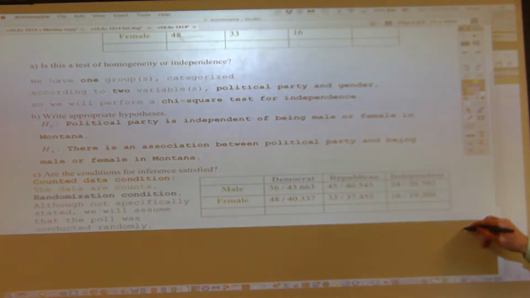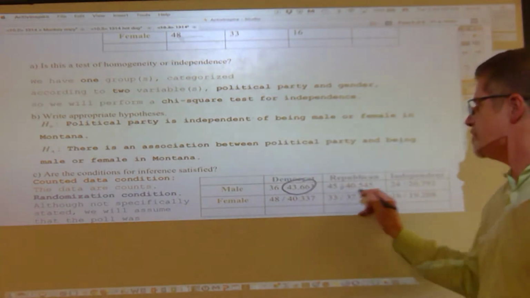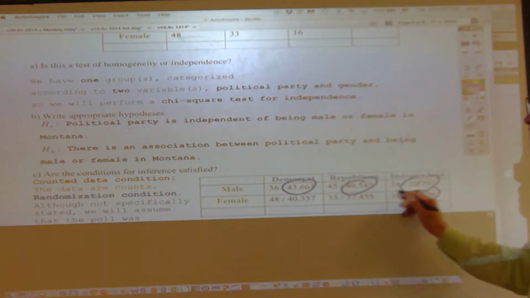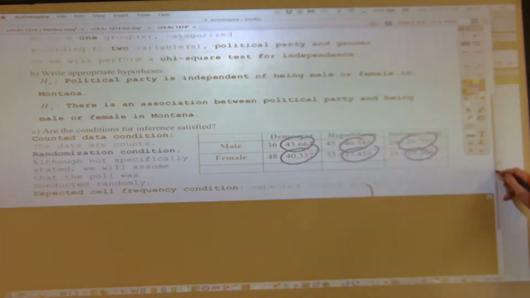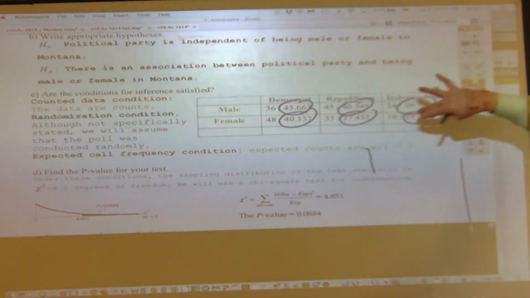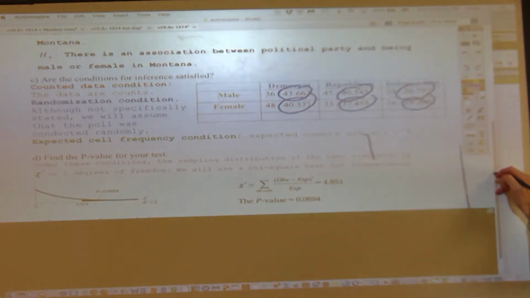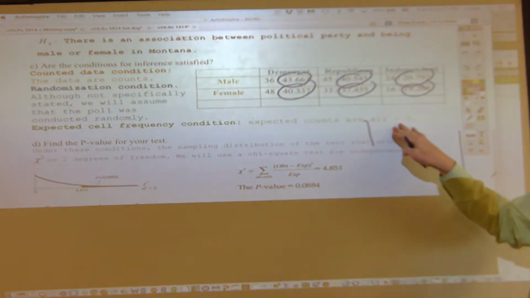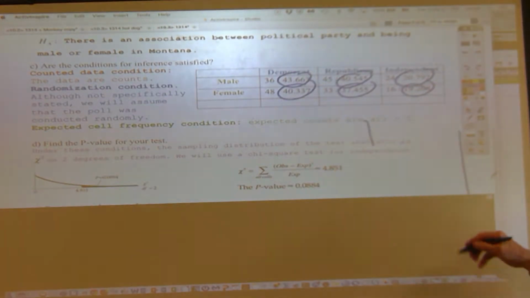If you were to go through and actually type in the numbers, matrix B would give you the numbers after the slashes, which I don't think is worth writing down because you've done ones like this before. The point is, the reason you have to write down all 6 of the values of B is to give yourself some credibility when you say that the expected cell frequency condition is satisfied because all the expected cell counts are greater than 5.